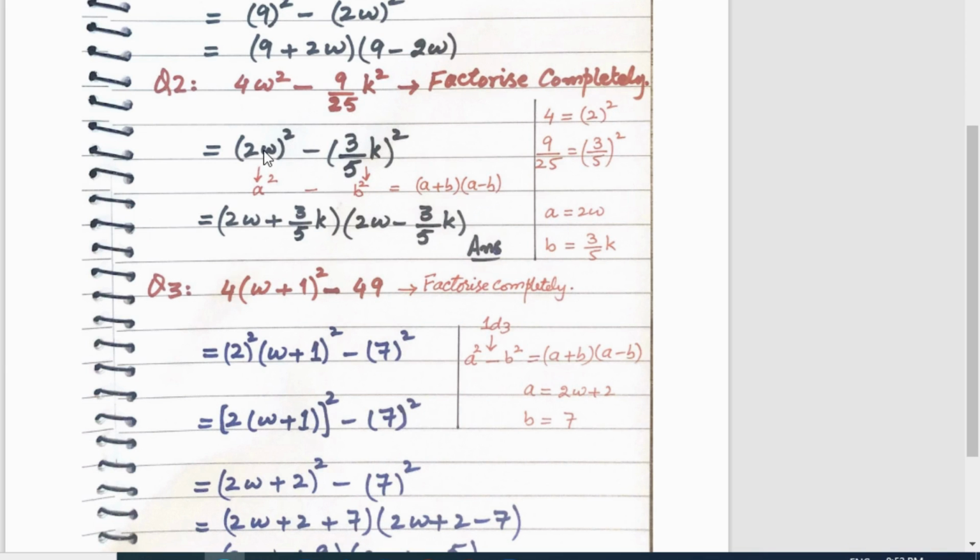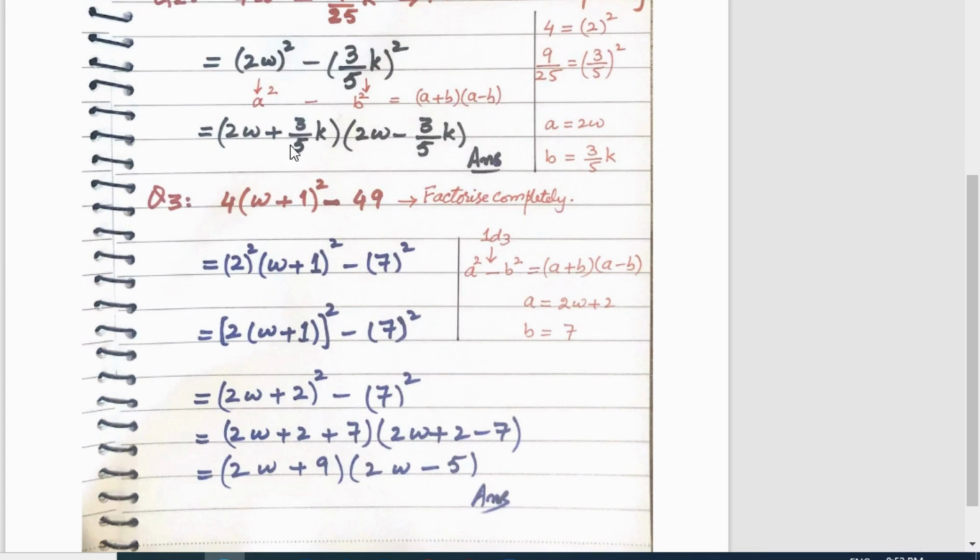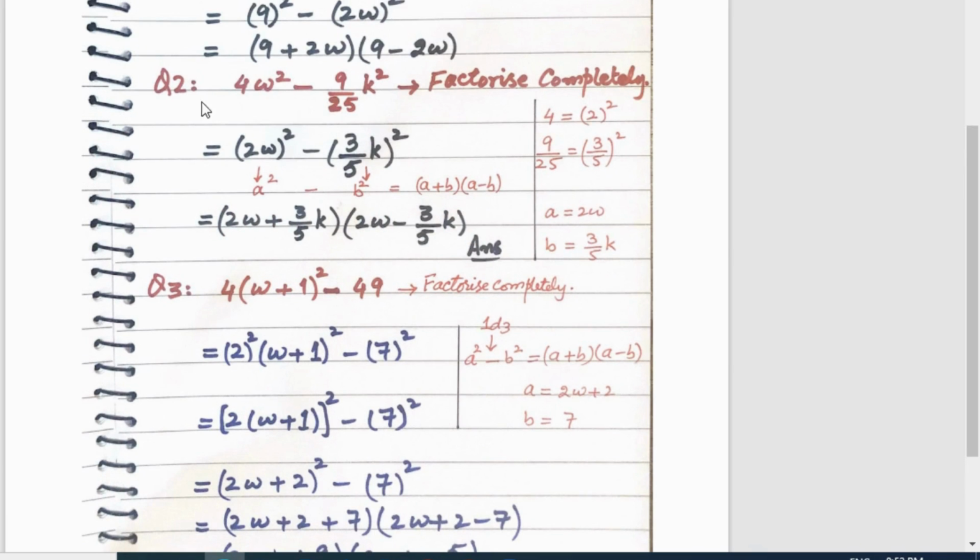Now we will write a plus b and a minus b, replacing a and b with those terms, and we will get the factors. 2w plus 3 over 5 means a plus b, and 2w minus 3 over 5 means a minus b. Two factors. This is the factorized form of question number 2, which was given in expanded form.